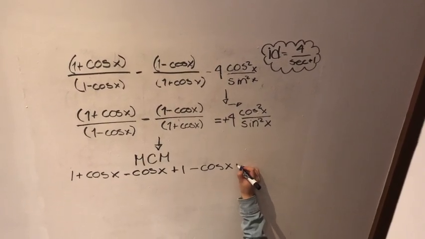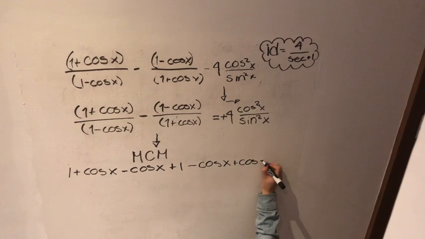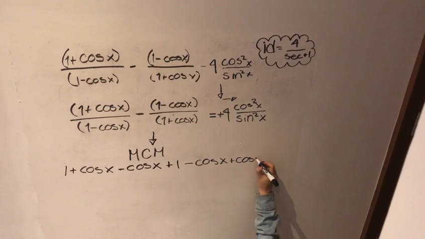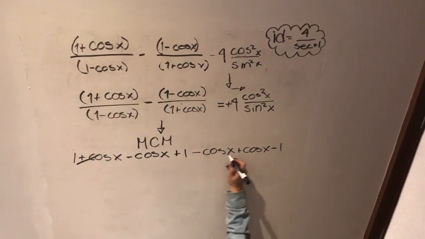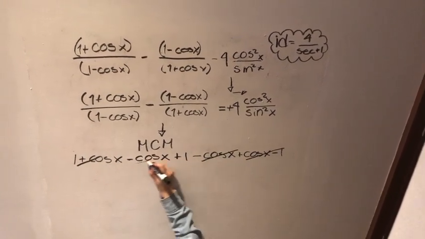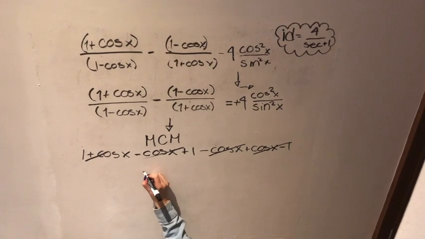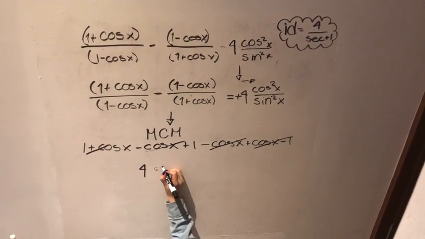After that, we're going to use the MCM, which is minimal common multiplier, and we're going to cancel some of the terms to make this equation without any fractions.